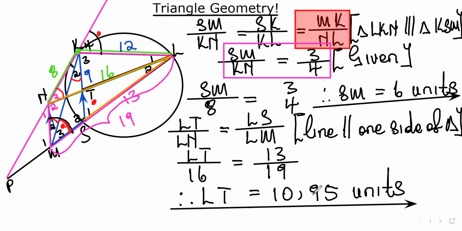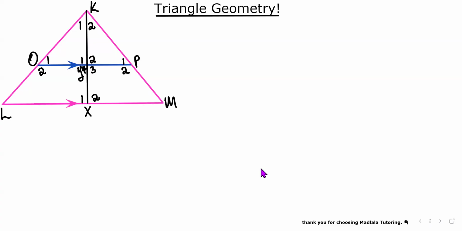To 1 decimal, it's 10.9, sorry. Or to a whole number, it is 11. But yes, please read the instruction and understand why. I think this problem is really powerful, and I think it's helpful.